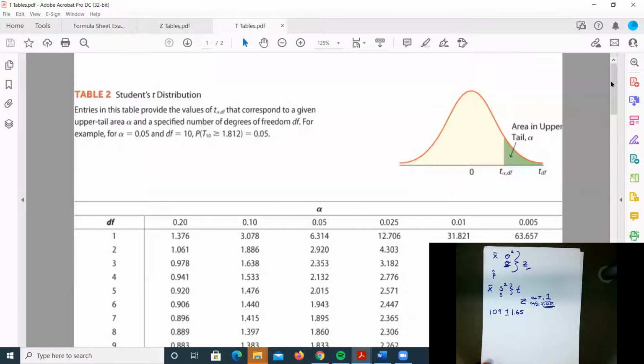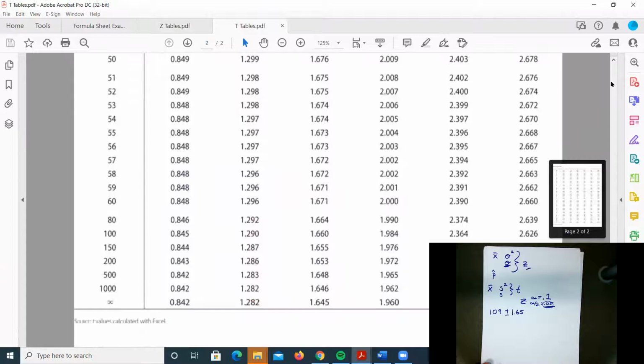I could have gone all the way down to this very last row. The very last row here shows me my benchmark standard normal values. If I did have a degrees of freedom of infinity, which would mean an infinite sample size, which doesn't make any sense, I know that my student T at that point would have completely converged to the standard normal distribution.